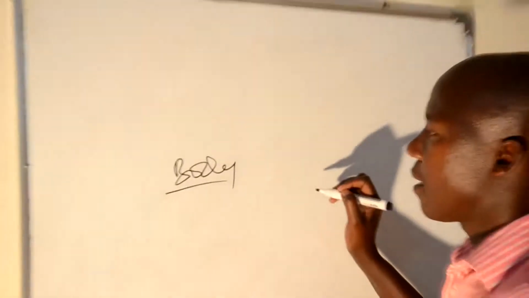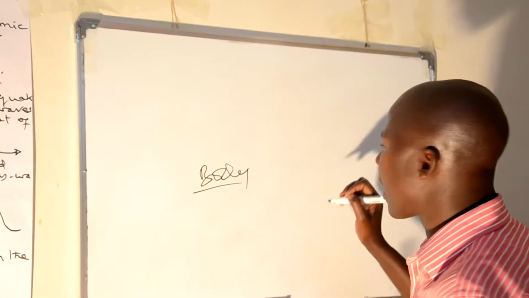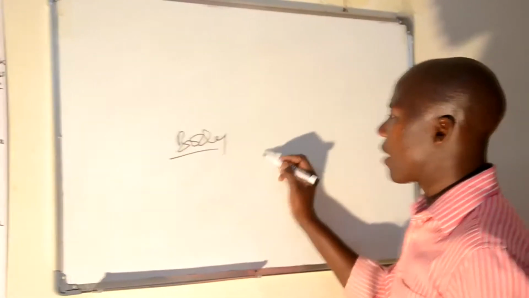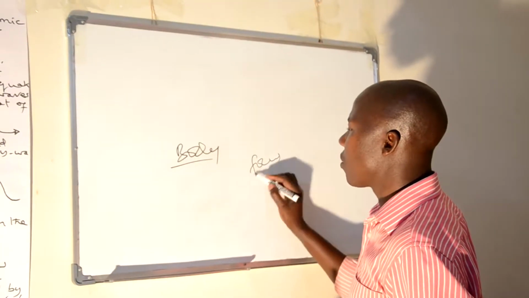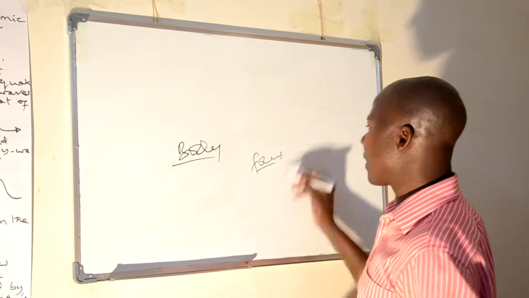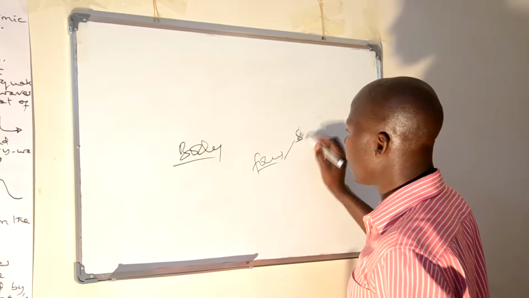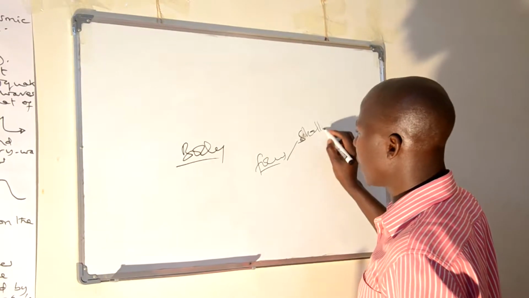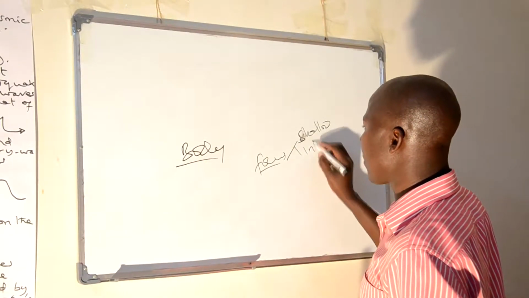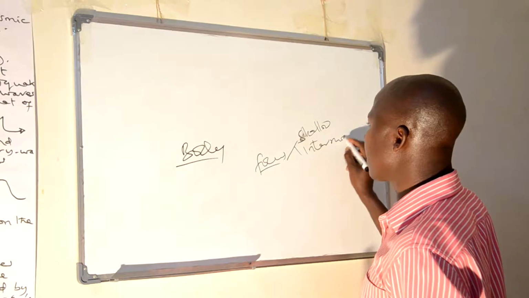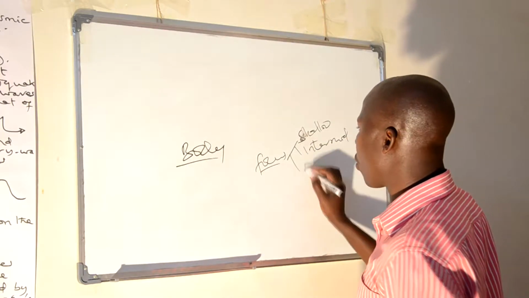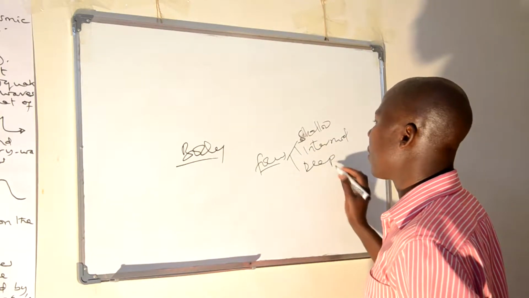You have to remind yourself that the earthquake can originate from the area which is called the focus, as we described before. And this focus can be shallow in nature, intermediate in nature, or deep in nature.